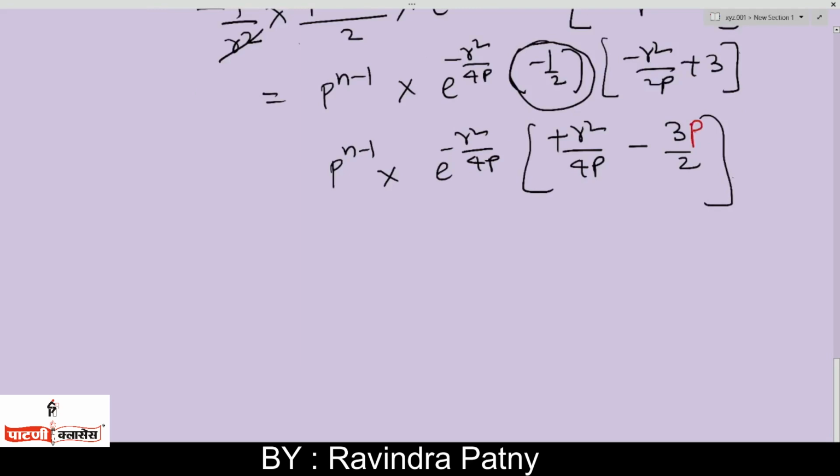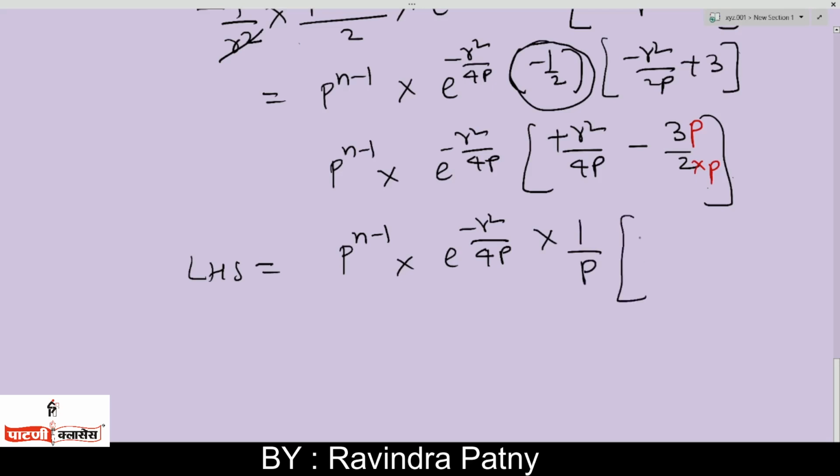Now multiplying and dividing by p here. Therefore LHS equals p raised to n minus 1 e raised to minus r square upon 4p, and 1 upon p is taken common. I get here r square upon 4 minus 3p upon 2.